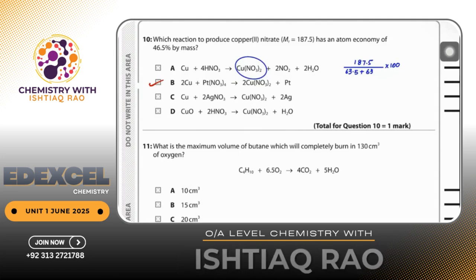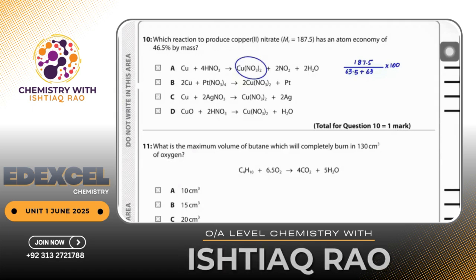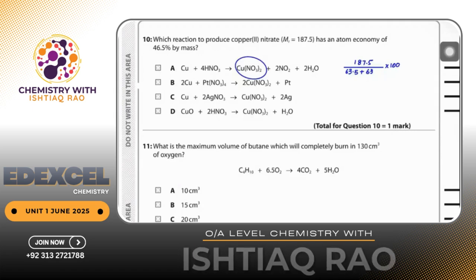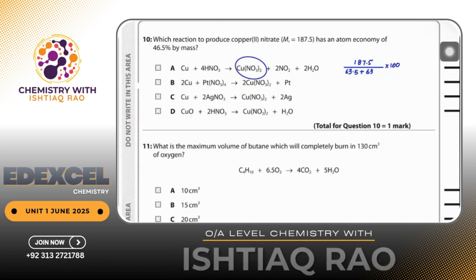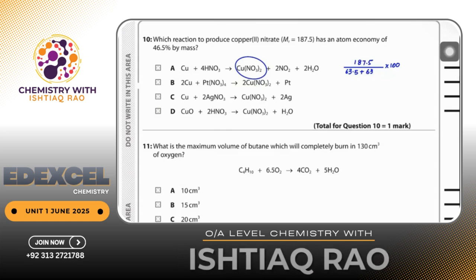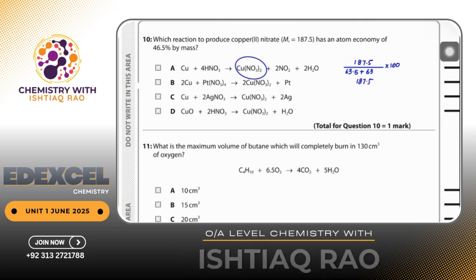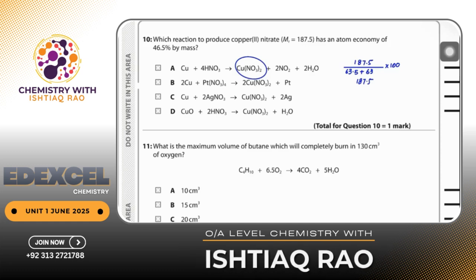Let me just write it down, then you can check it. So copper nitrate again is 187.5, divided by the copper and platinum nitrate. I don't know the MRs, multiplied by 100.